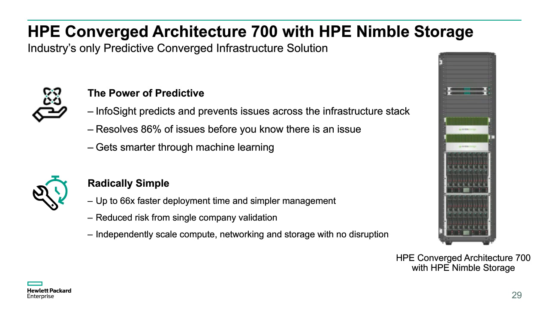You heard all about InfoSight, so all of that goodness comes to these infrastructure stack solutions. And finally, it's radically simple to use. The Nimble Storage platform has been designed to be simple to use, simple to install, simple to buy. So just an overall transformed simplicity for the customer. Again, if your customers are looking at converged solutions, we now have those offerings within HPE.